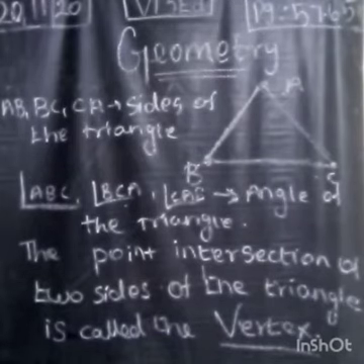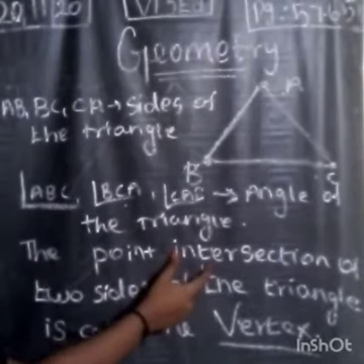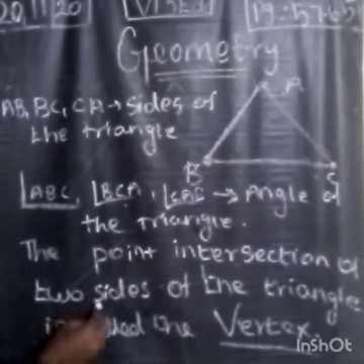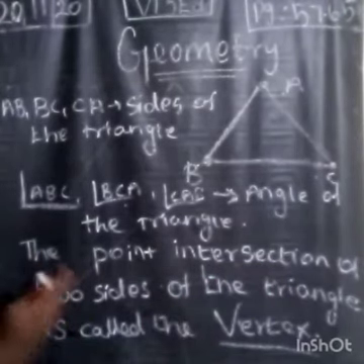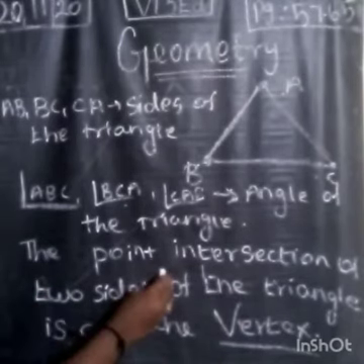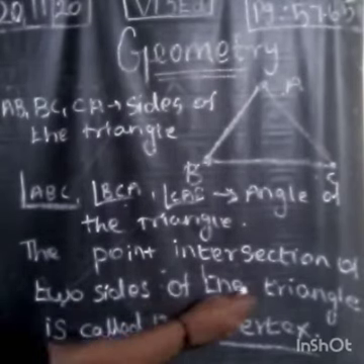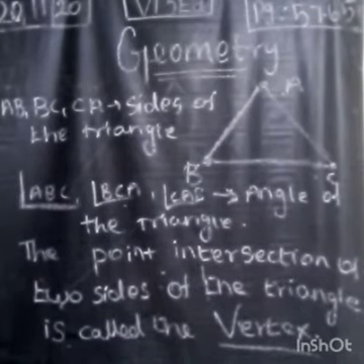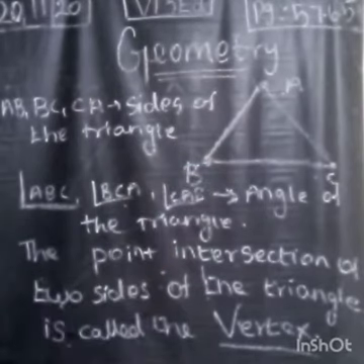And then what is the vertex? The vertex means the point of intersection of two sides of the triangle. The point of intersection of two sides of the triangle is called the vertex. So a triangle has three sides, three angles and three vertices.